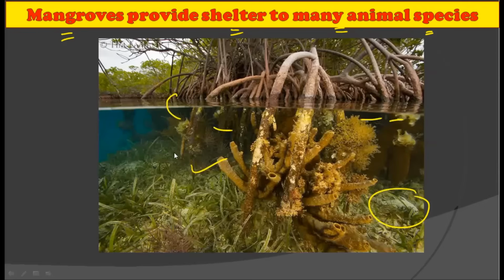Not only the fishes, but mollusks plus reptiles also use the habitat of the mangrove trees. So you have to remember very carefully that the mangroves play a very important ecological role in an aquatic ecosystem in that they provide shelter to many different types of animal species, including fishes, reptiles, mollusks, etc.